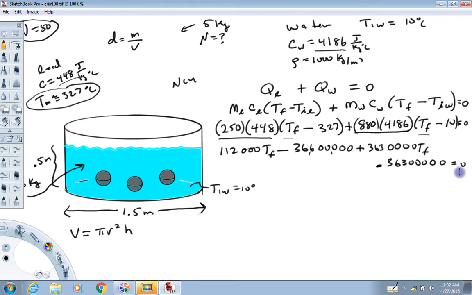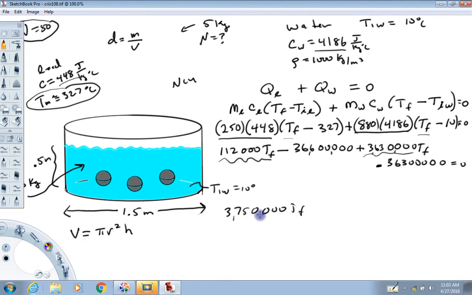Okay, so now give me 112,000 plus this value. I can do that without a calculator: 1, 2, 3, 1, 2, 3, so that's 3,600,000. I'm going to have to come down here a little bit. That's going to be 3,700,050 T final. Let me double check that value.